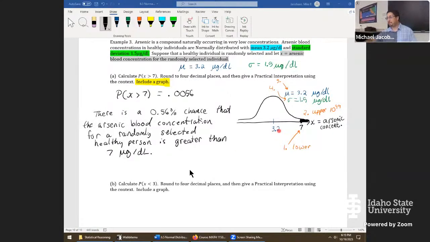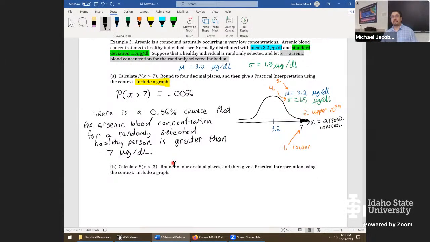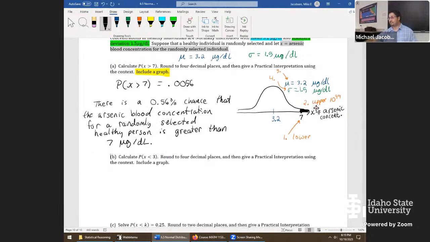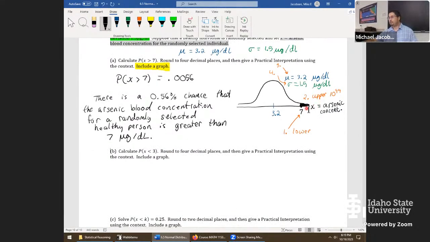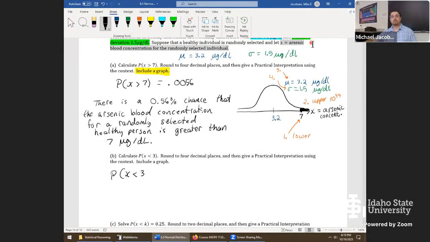Probability is just sometimes a pretty confusing subject. But any tool that we can use to make it not so bad is a tool we ought to use. And the graph is really the biggest thing we have for us. So let's try it again. We want this time to calculate the probability that X is less than 3. Think of X as being, once again, the blood arsenic concentration. Our graph is then going to look like this.